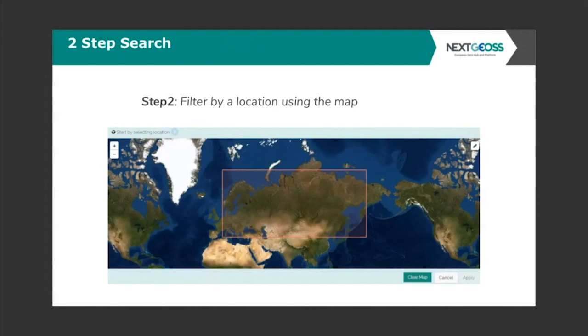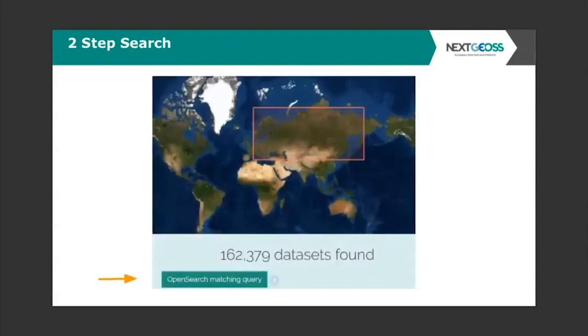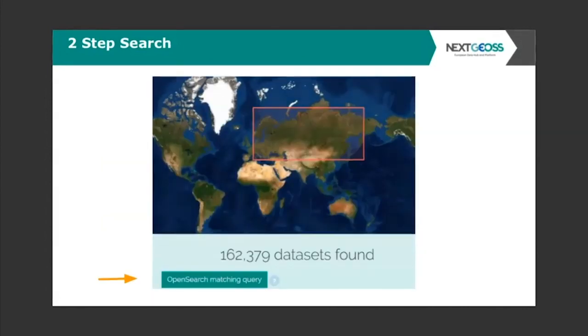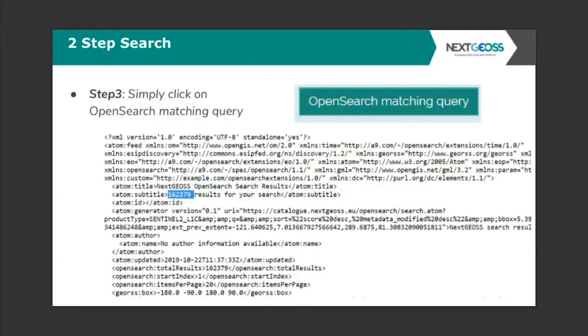And by clicking on the OpenSearch matching query button, we are redirected to the OpenSearch results, and we are getting the same number. If you can notice it here, and here. So for every single query you do on the Data Hub, you can get an OpenSearch matching query by clicking the button.